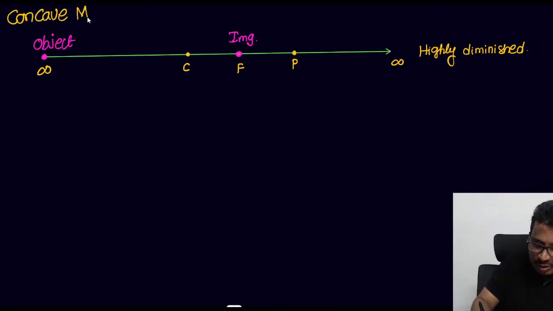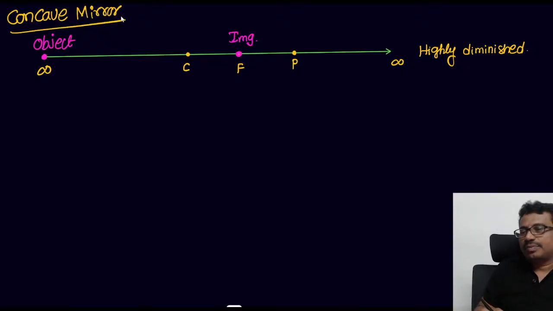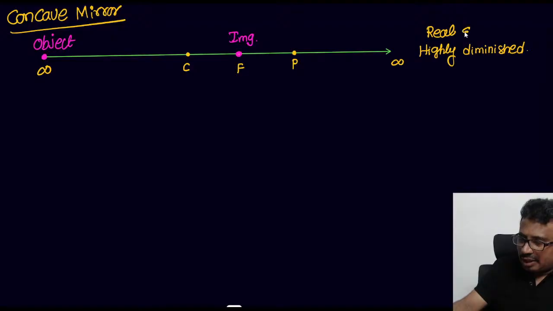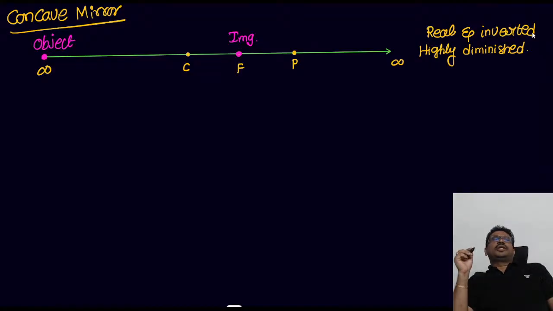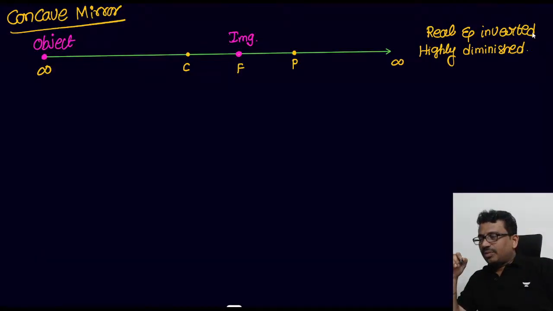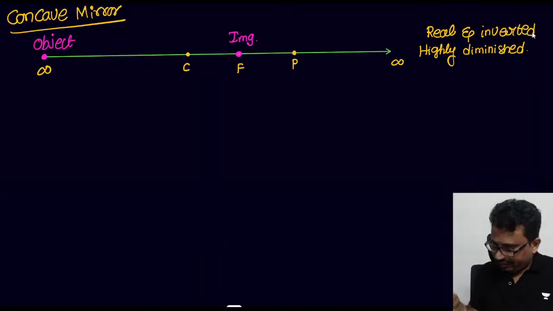A concave mirror will form this as a real and inverted image. Real, inverted image. Okay, so do remember, if the object is at infinity, the image will be formed at the focus.